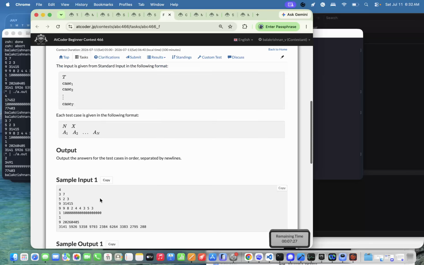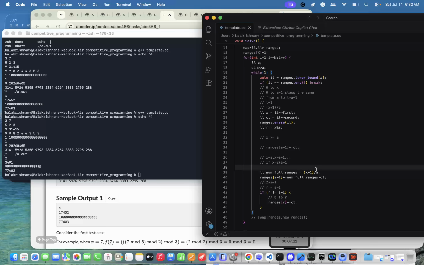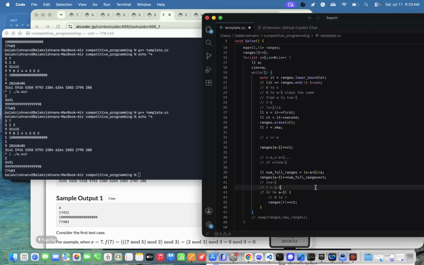Yeah, the number of full ranges minus 1. Anyway, this is easier to understand.